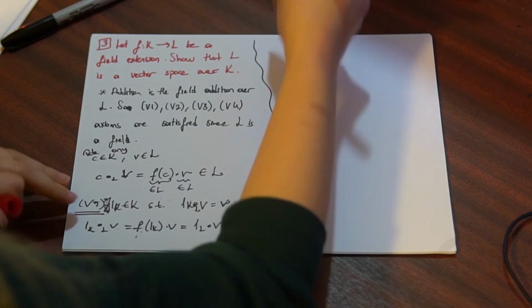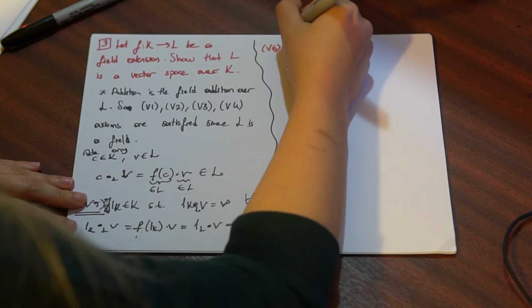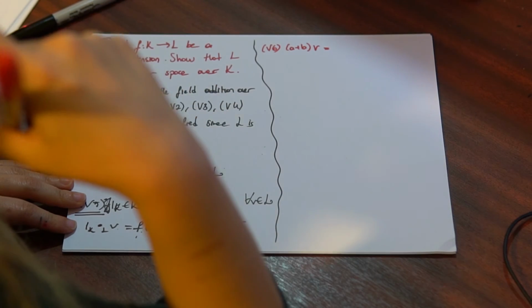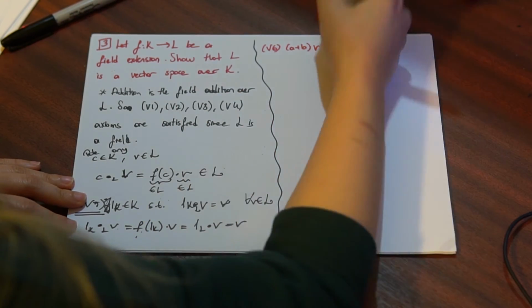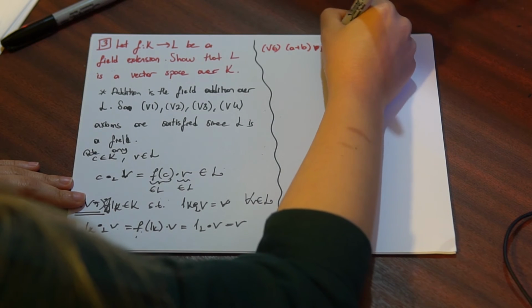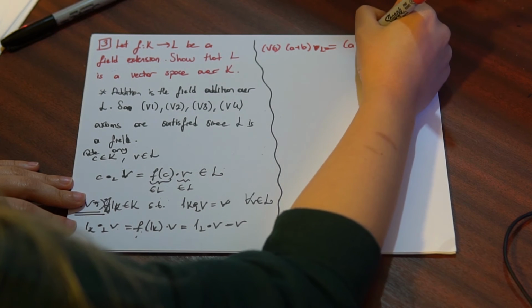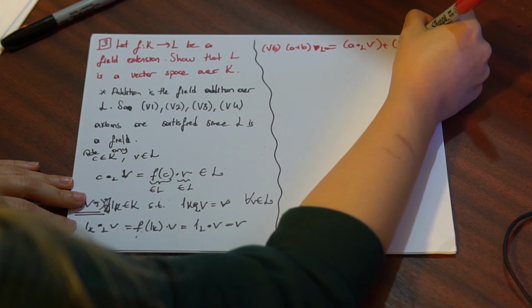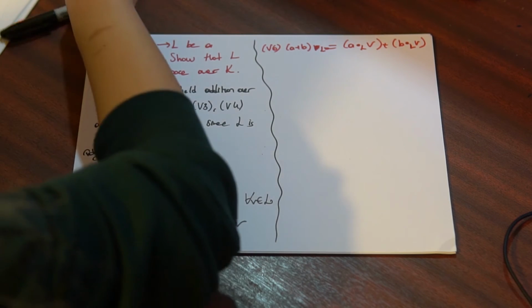Now we need to show the sixth vector space axiom, which is: if you take a plus b inside of k and v inside of L, then a plus b times v is equal to a times v plus b times v. I'm going to show this one.